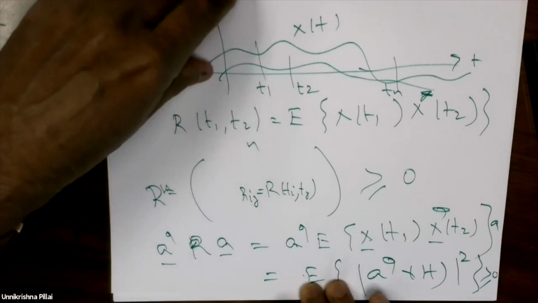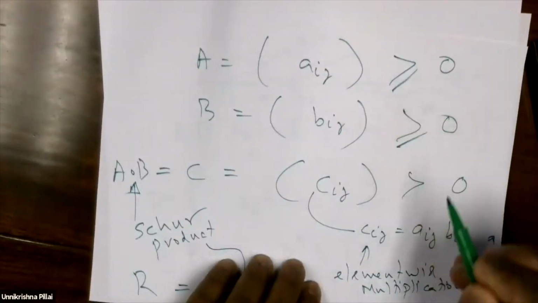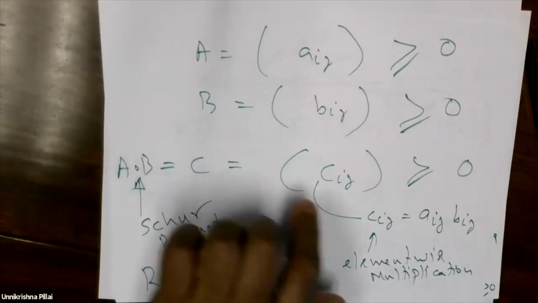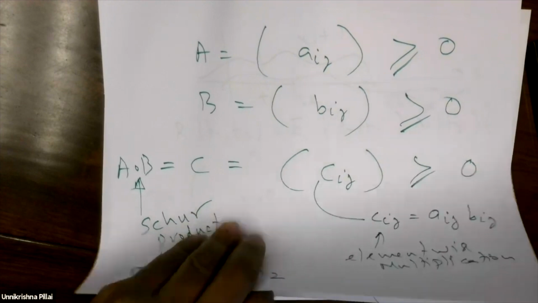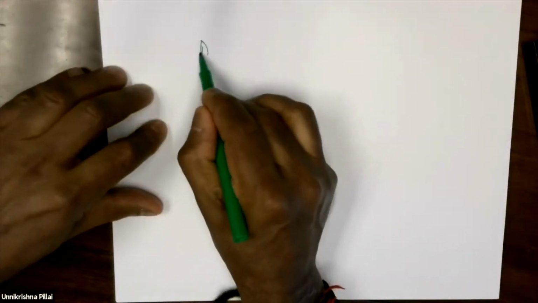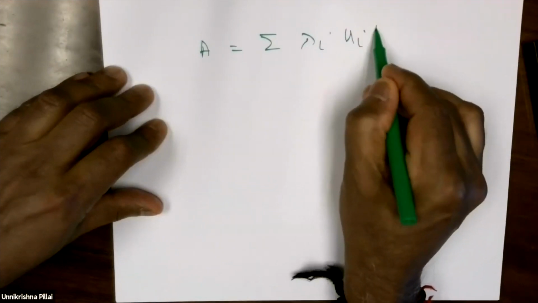So as I said, this is a standard result. If you take two non-negative definite matrices, then their Schur product is also non-negative definite. Many ways you can prove this. If you know the eigenvalues and eigenvectors, that's an easy proof. For example, A can be written as the sum of lambda_i u_i u_i transpose.